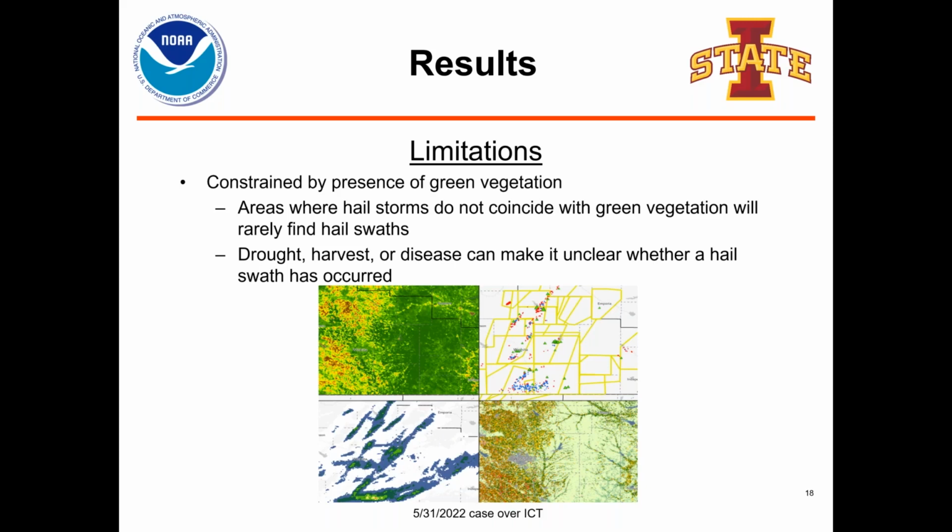So usually in the southern Plains or the Southeast, where it's more forested and less crops, it's not going to show up as clearly. And then also drought, harvest, disease, and crops maturing can all make it unclear whether a hail swath has actually occurred.